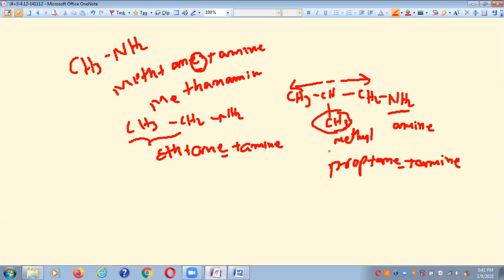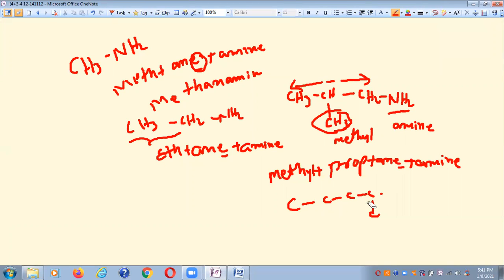And here, what about the substitution? A substitution name always comes at the beginning, that is methyl. To which carbon atom is this methyl group connected? We don't know whether it is connected to the first carbon atom or the second carbon atom, whatever it may be.